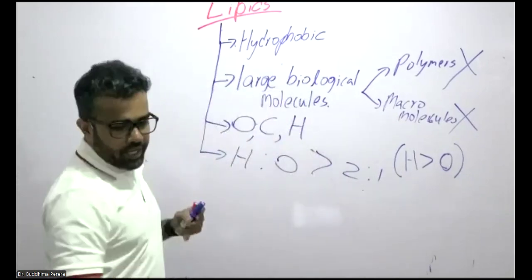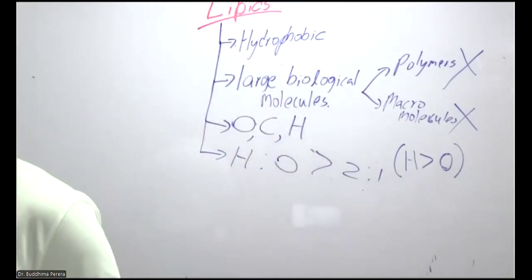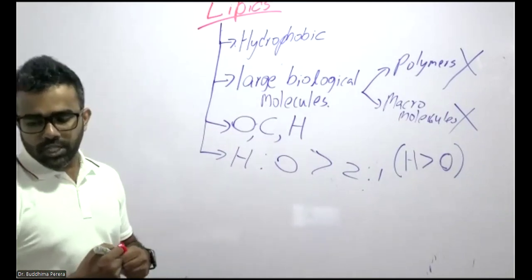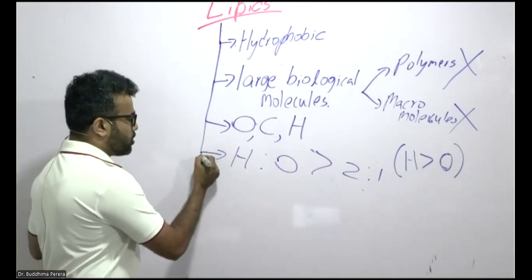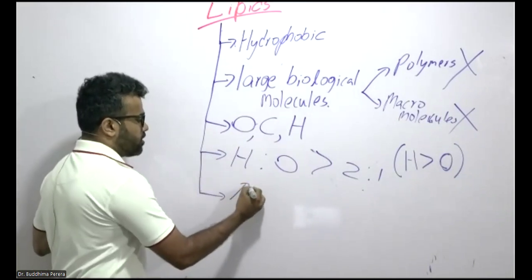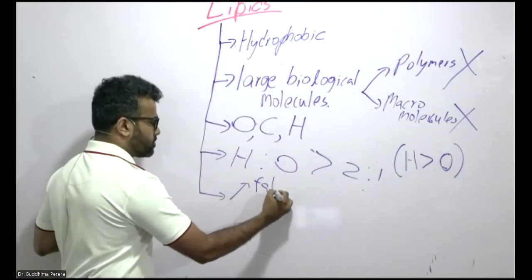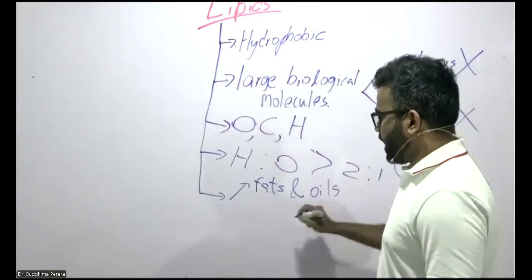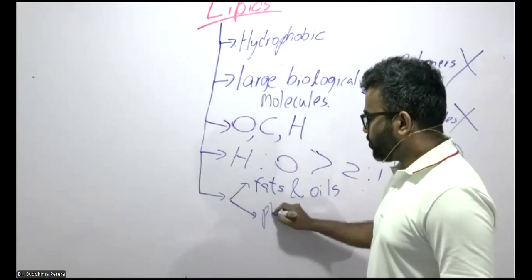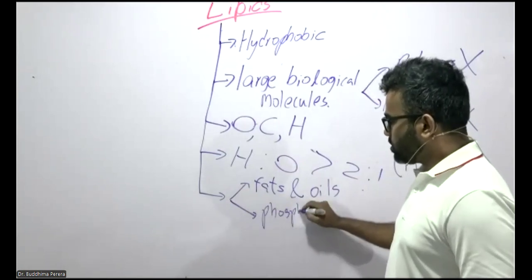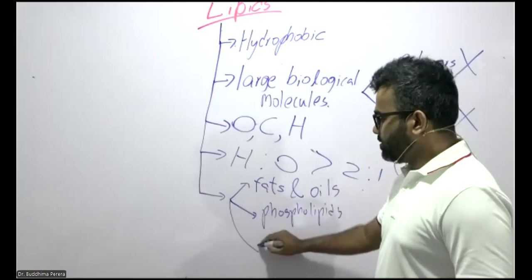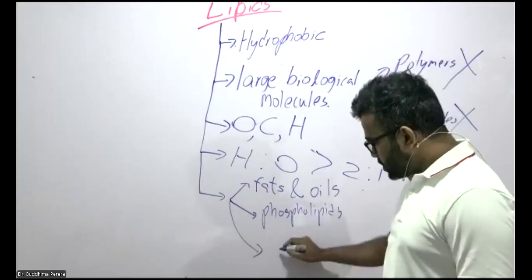There are 3 biologically important types of lipids that you have to know. They are fats and oils, phospholipids, and steroids.